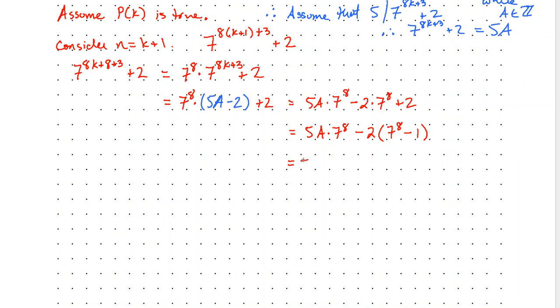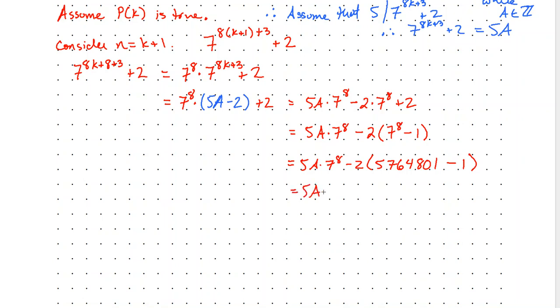We're not going to expand here, but 7^8 with a calculator is 5,764,801, and then minus 1.